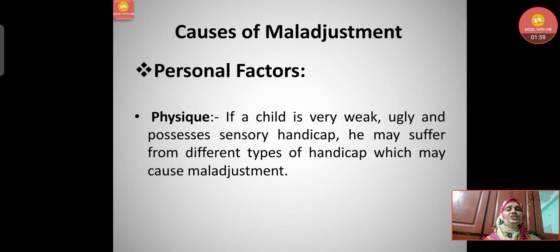Obviously, when a child possesses a weak personality, whose appearance is not common, or possesses some sensory handicap, that child may suffer with this maladjustment. This handicap may be the cause of the maladjustment of that child.